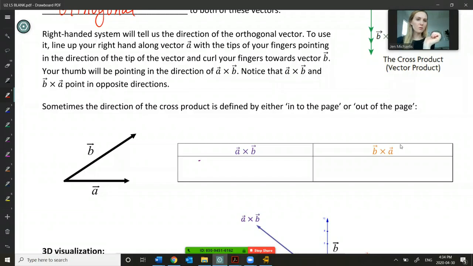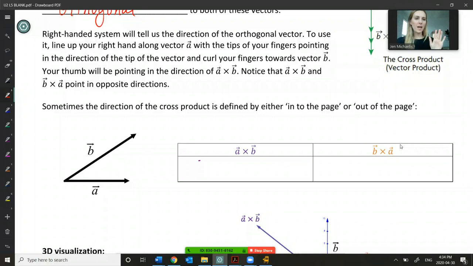I can curl my fingers toward vector B. Make sure you're trying it with me so you get an idea. And notice that my thumb is pointing toward me. That's actually coming out of the page, right? Imagine this is the page, and here are my vectors with my fingers. My thumb is coming straight out, toward me.